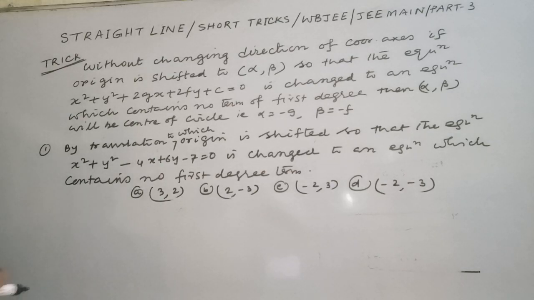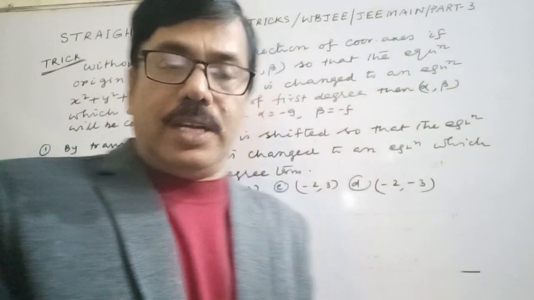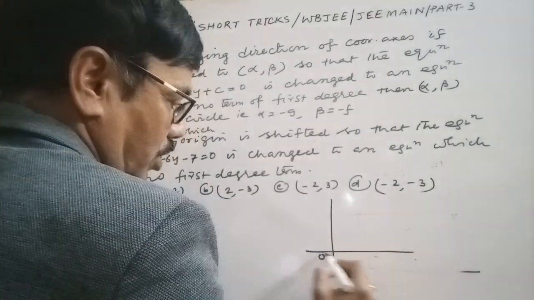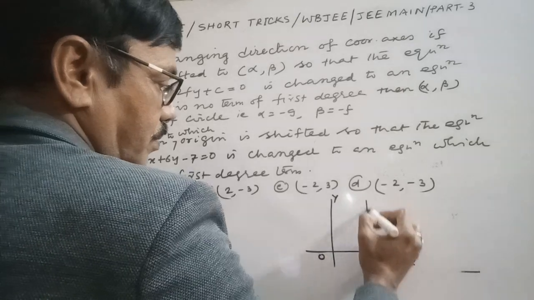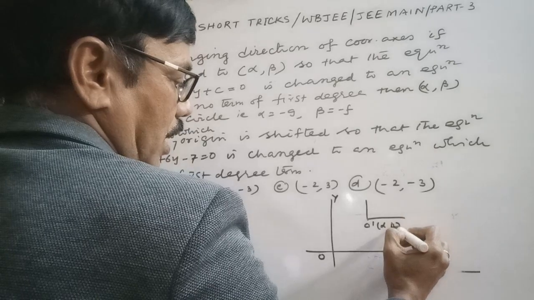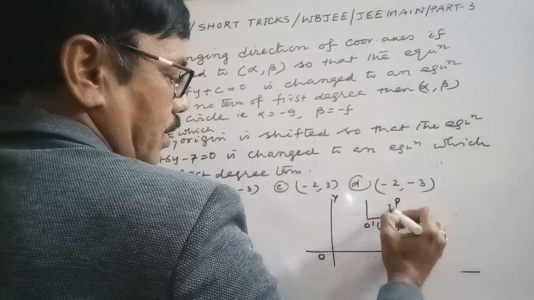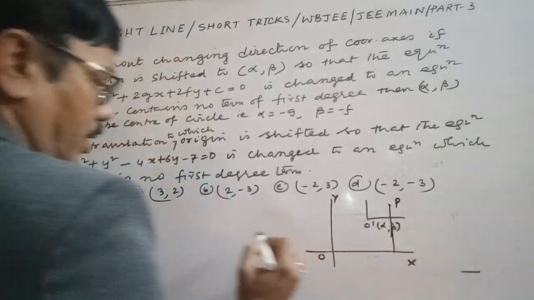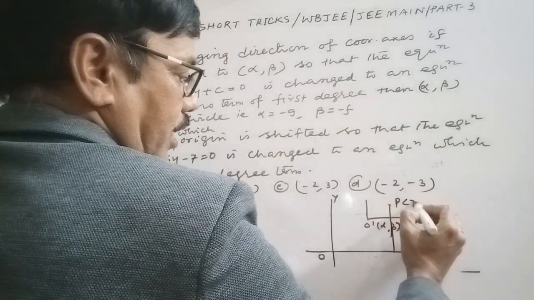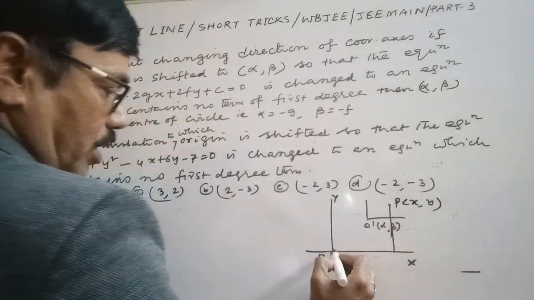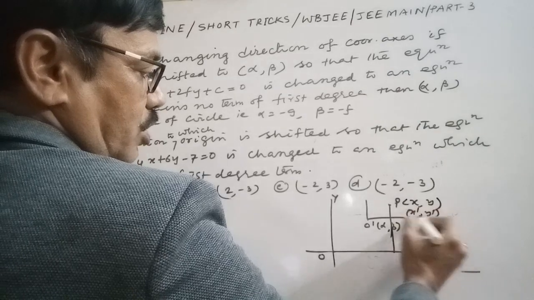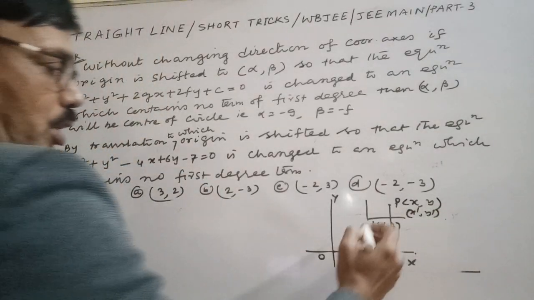Now, if you solve it by general method, so try to recall, this is O dash alpha beta, and if P is a point here, then P x y is the coordinate with respect to old axis and x dash y dash is the coordinate with respect to new axis.